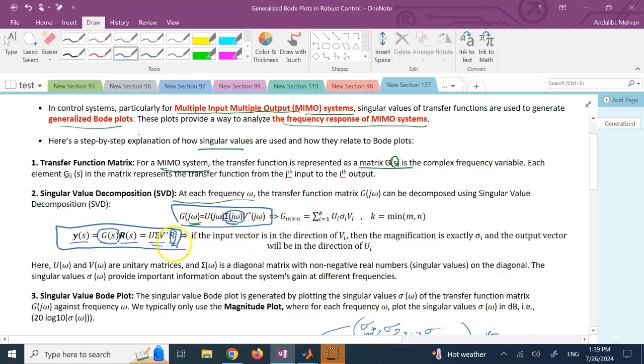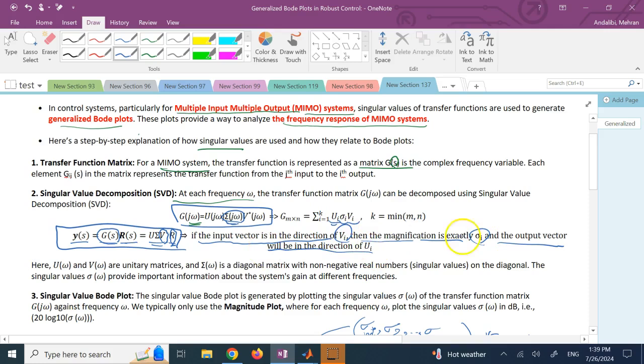If your input vector r is in the direction of v_i, the ith component of the right-hand side unitary matrix, then the magnification of the input to the output is exactly what? Sigma i. Look. And your output direction is exactly in the direction of what? U_i.